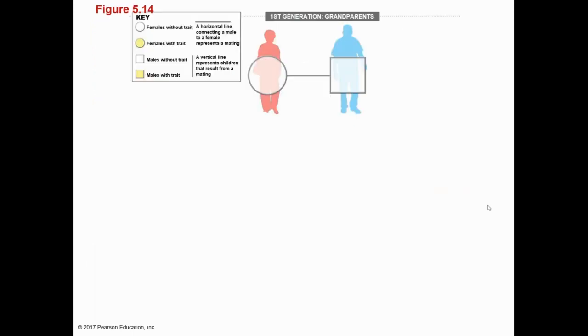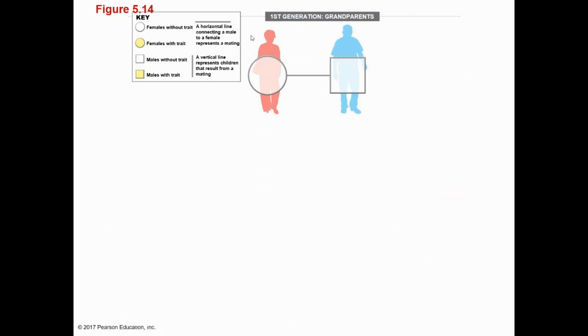All right. So that example also kind of gets us into looking at pedigrees. And so they track these different traits throughout families. And so females are designated by a circle and males are designated by a square. If the females do not have the trait, then the circle is white.